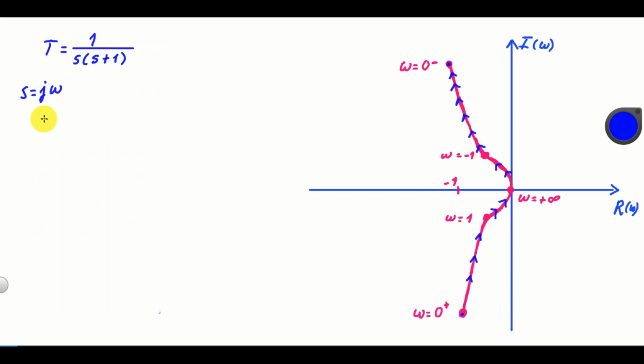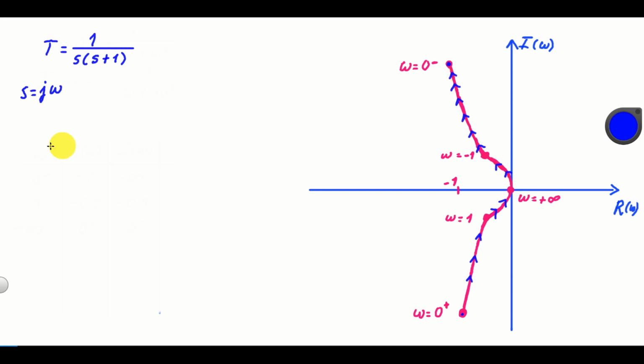And as we explained, this substitution is not valid when omega is equal to 0. This was mainly because for omega equal to 0, we have a singularity over here. That is, the value of the transfer function becomes infinity. And that's precisely what we see over here.